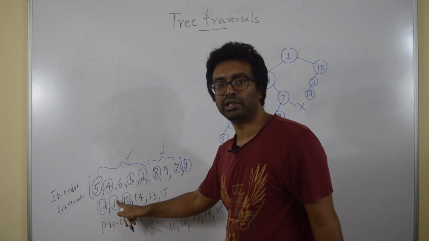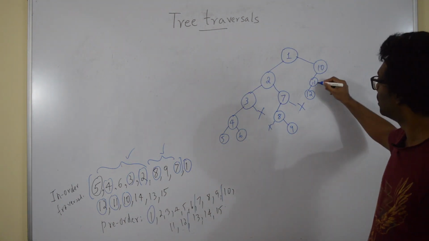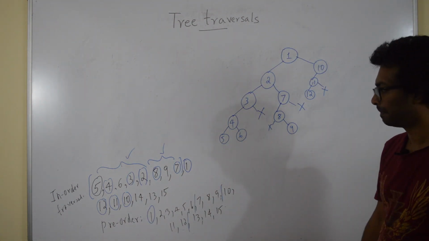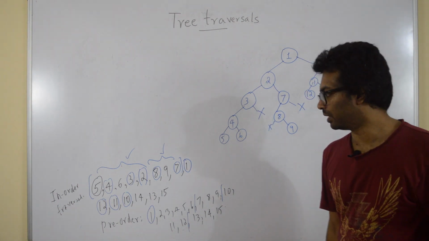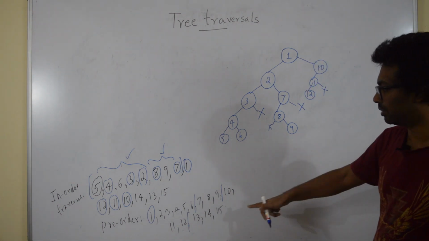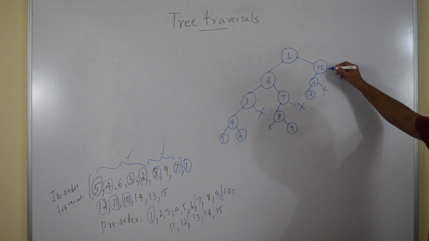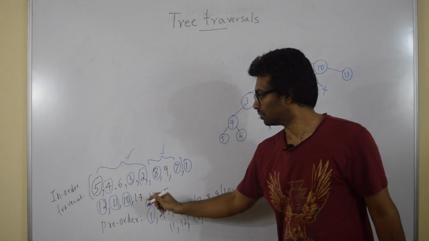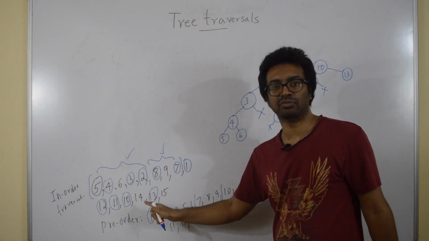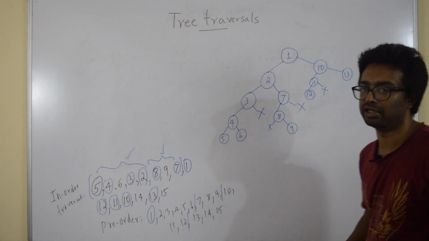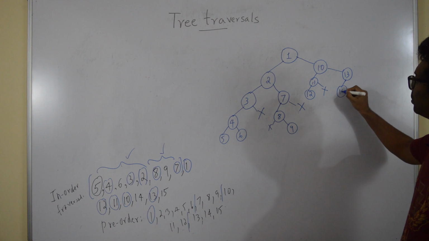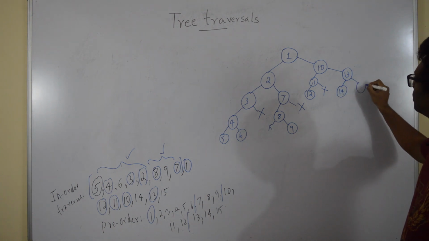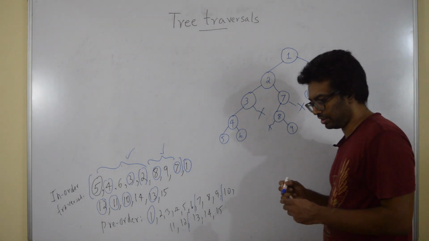Now there's nothing between 11 and 10, so there's nothing on the right of 11. Okay, so I have reached till 12. Next thing I print is going to be on the right of this, which is 13. So I mark 13 here and it has one element on the left and one element on the right. So it has to be 14 here. It has to be 15 there.